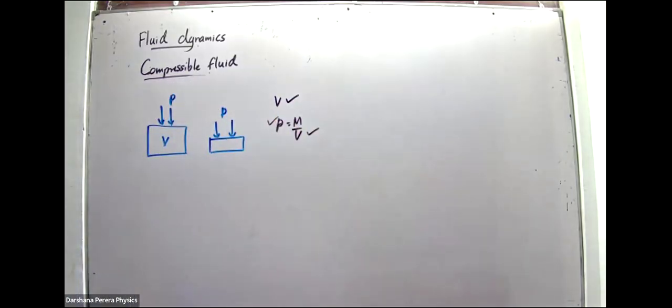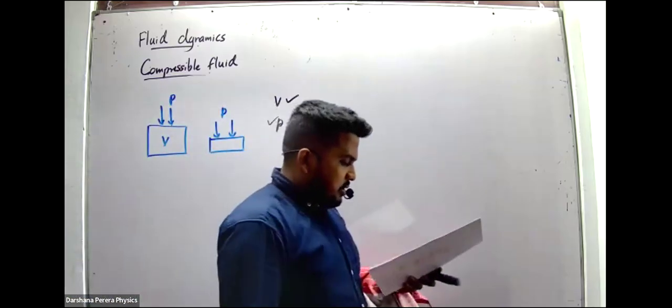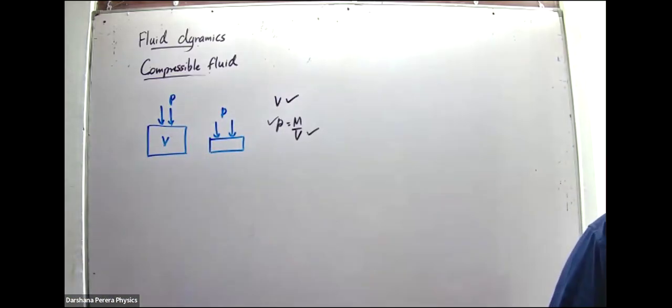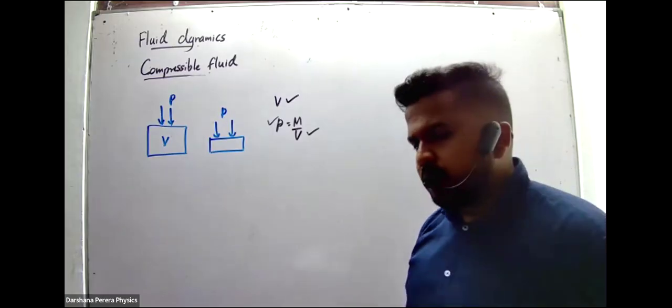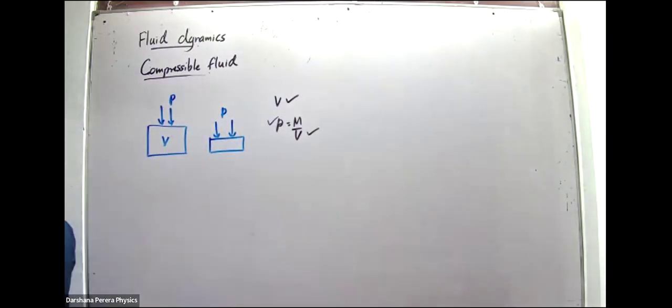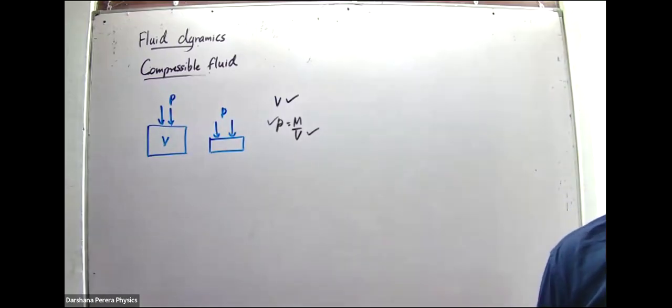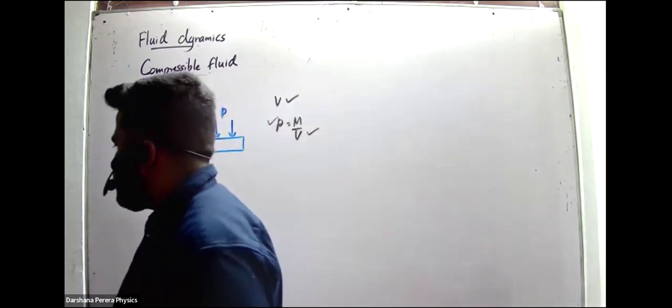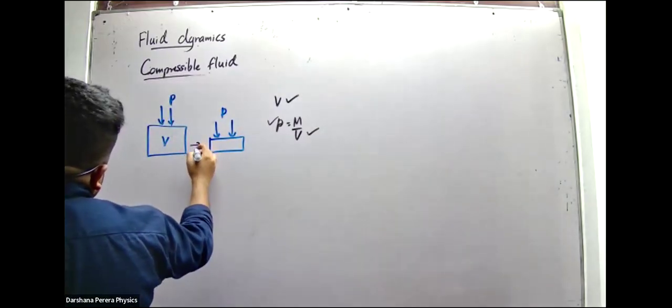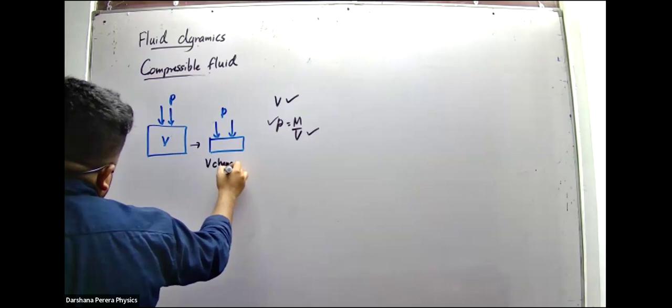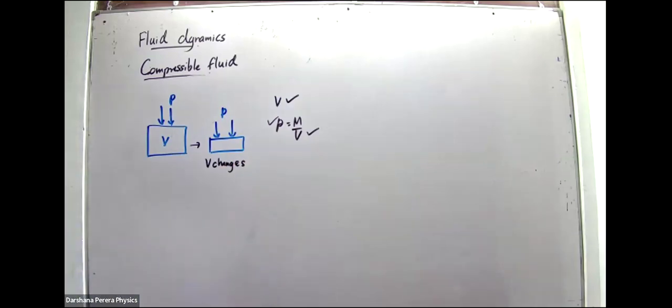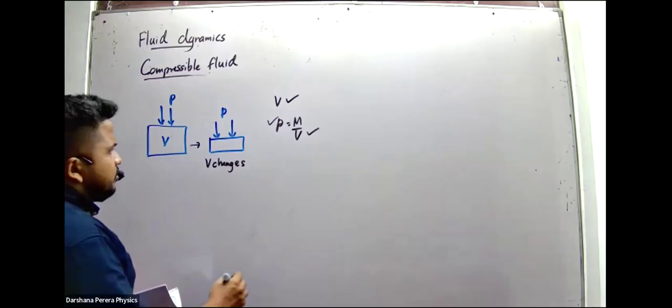Write down: the fluid which changes its volume with pressure is called compressible fluid. The density may vary with the pressure.